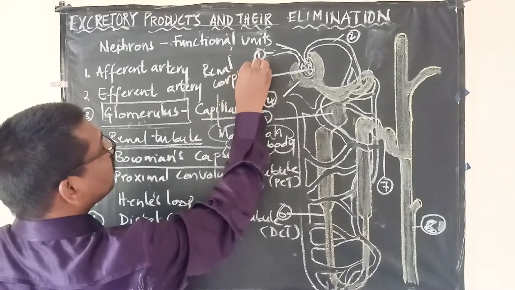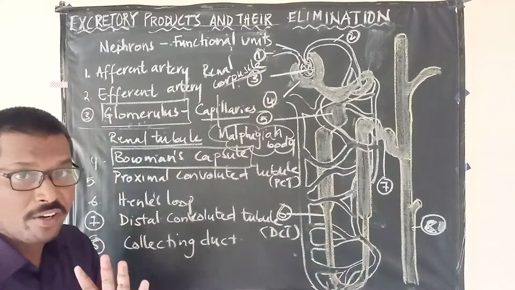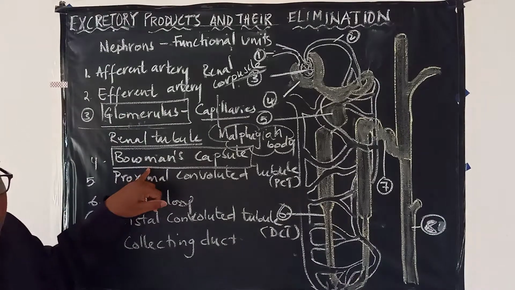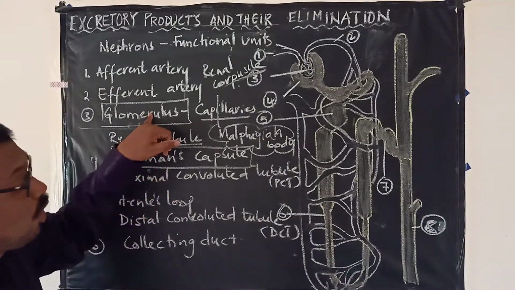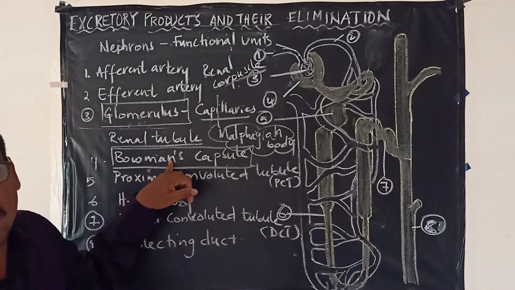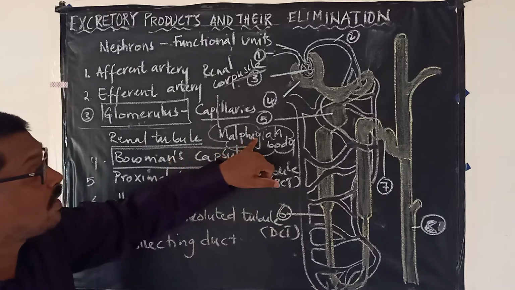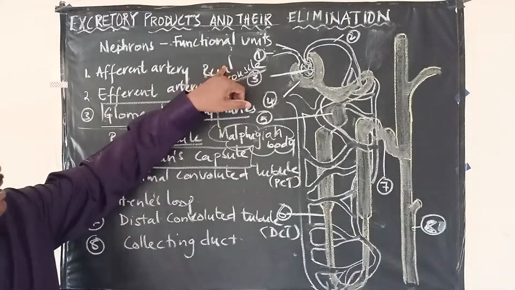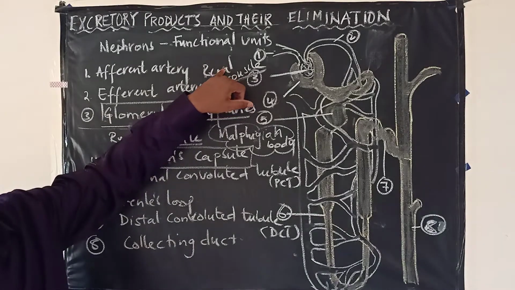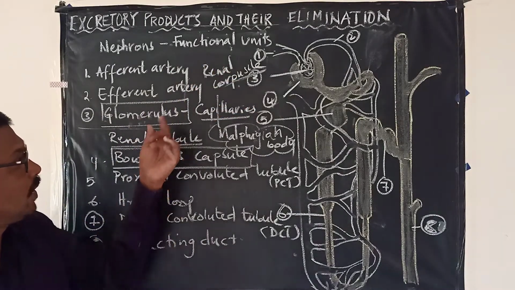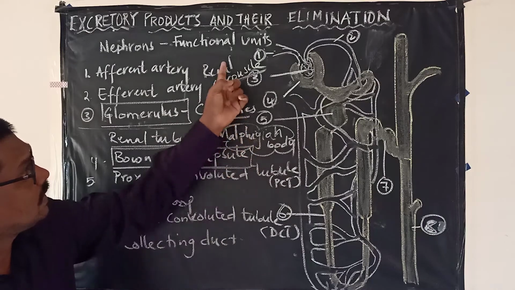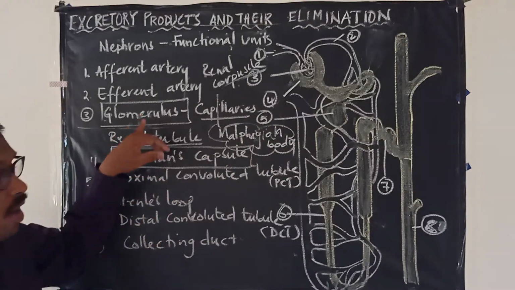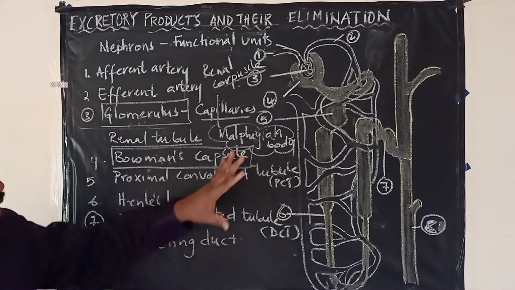Please follow this carefully and you have to remember these words. Very important words. Glomerulus plus Bowman's capsule is named as Malpighian body, or otherwise also called as renal corpuscle. These are the other names given for both together.